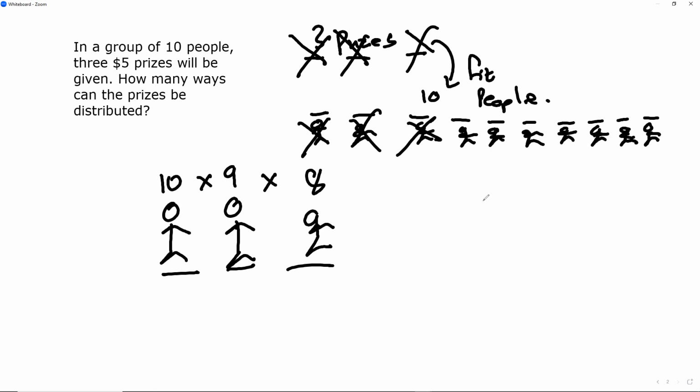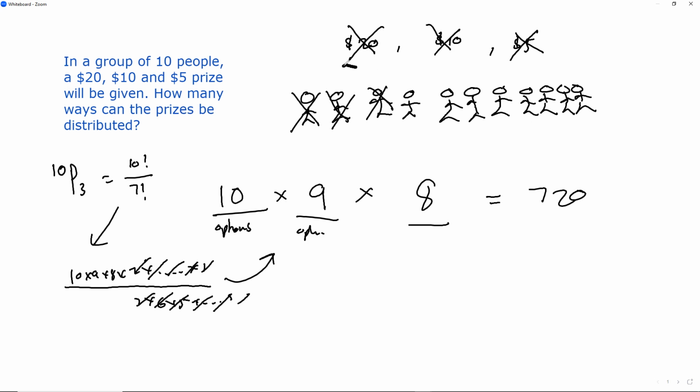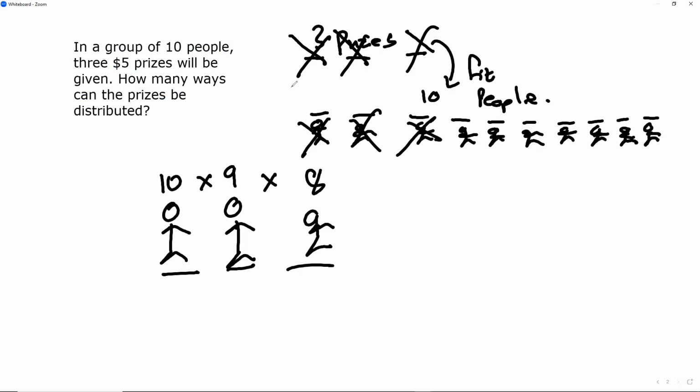But the difference between this question and the previous one is that here the prizes are all the same. They're each going to be $5. So because each of these prizes is $5, after we've calculated this, which is 720, we need to remove all the possible ways of arranging the $5 prizes.